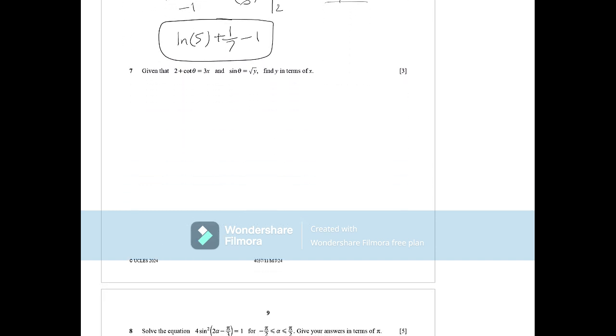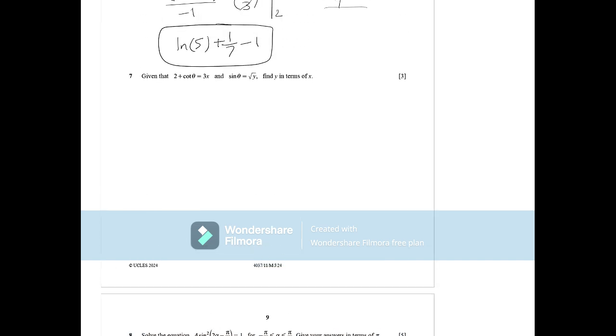Given that, find y in terms of x. So what you can do with questions like these is you can imagine theta. Sine theta is root y, so this is root y and this is 1. From Pythagoras theorem, you know this should be root 1 minus y. So your cos theta is root 1 minus y.